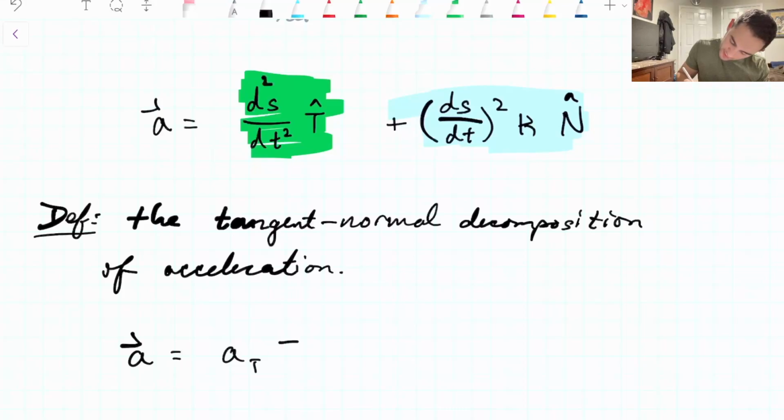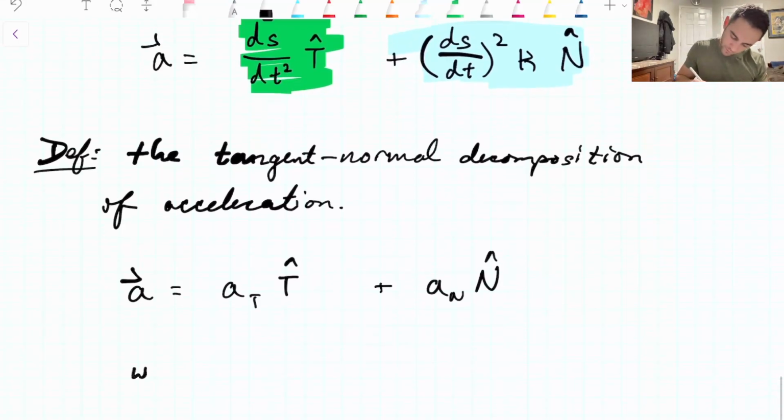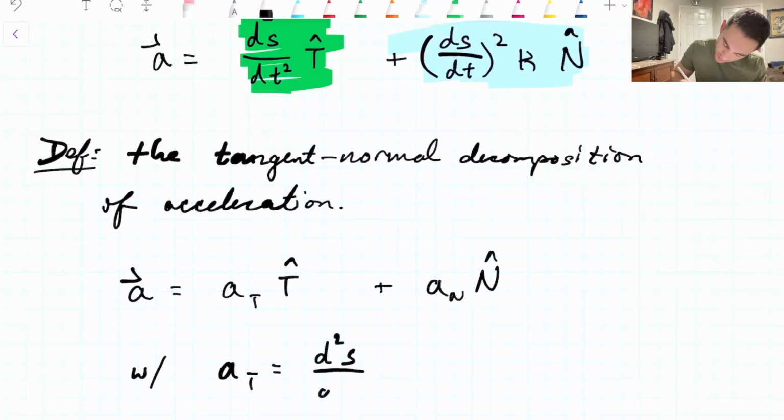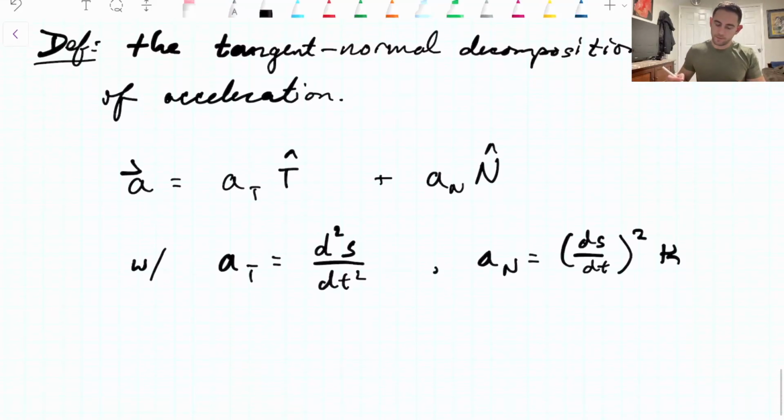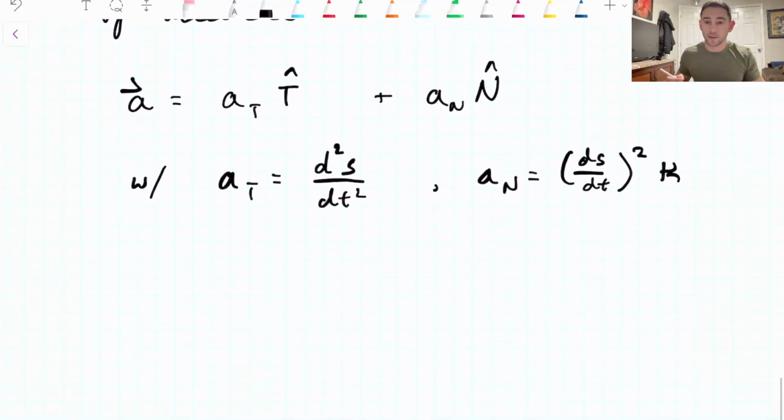It has a component in the tangent direction and a component in the normal direction, where the tangential component, as one expects, just causes you to speed up. And the normal component causes you to curve. Let's put this in a picture.